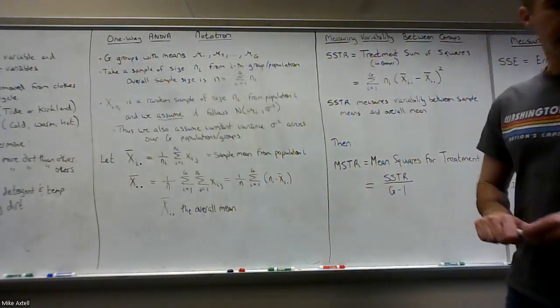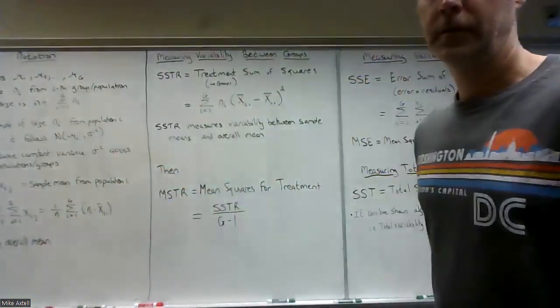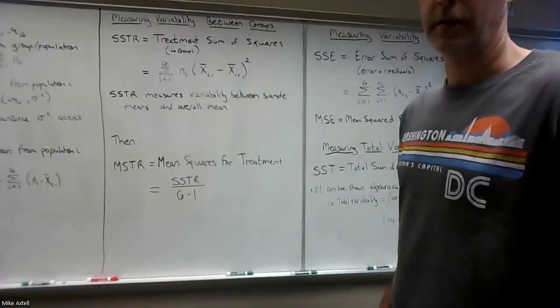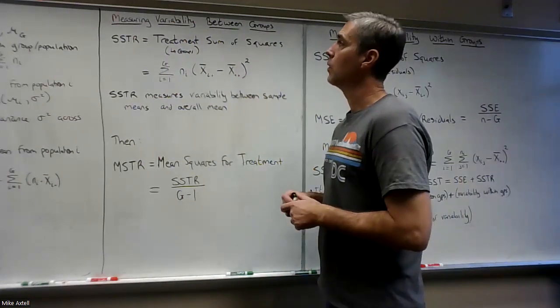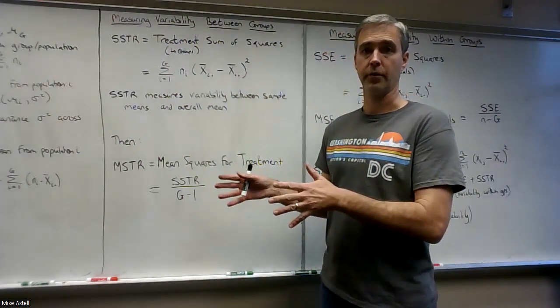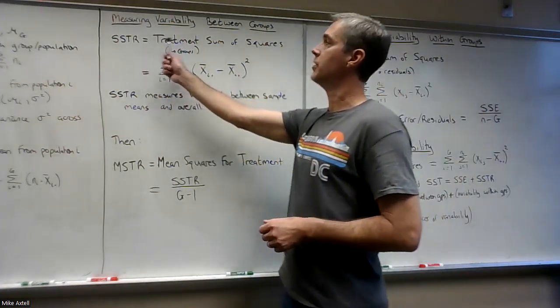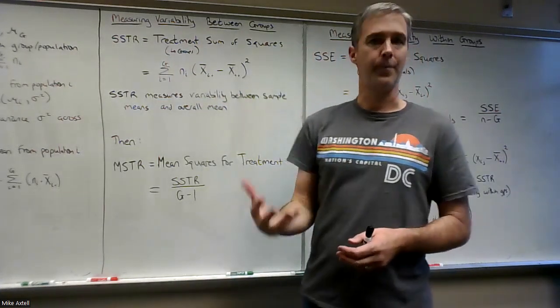All right, now a couple of panels of the alphabet soup. First off, we'll start to measure the variability between these G different groups. SSTR is going to be the treatment sum of squares. When you see the word treatment, you can think groups or populations.